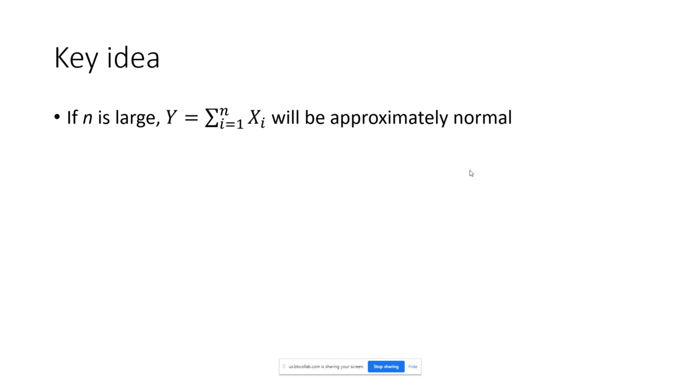So our key idea here is that if n is large, then y, defined as the sum of n independent x sub i's, will be approximately normal.